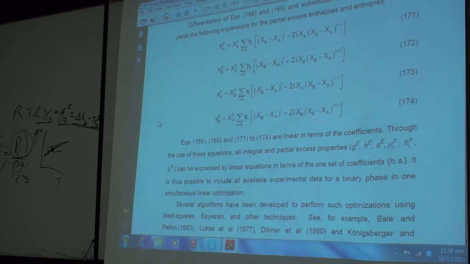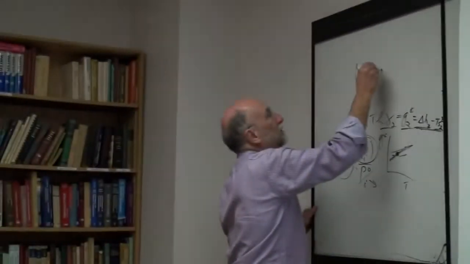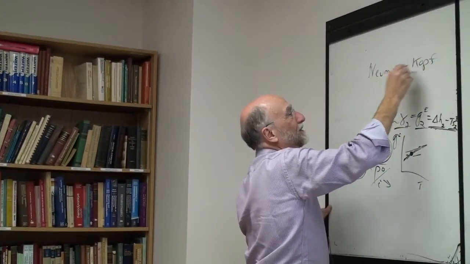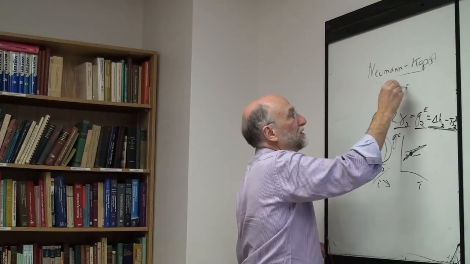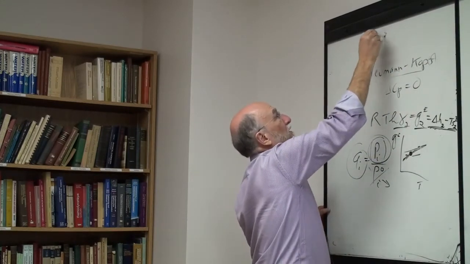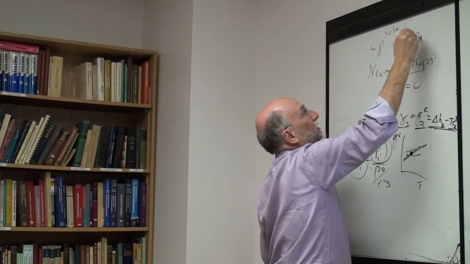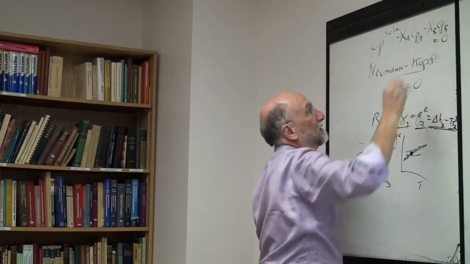Neumann-Kopp equation. If anybody talks about the Neumann-Kopp rule, it says the delta Cp of mixing equals 0. In other words, Cp of the solution minus XA Cp of A minus XB Cp of B equals 0.